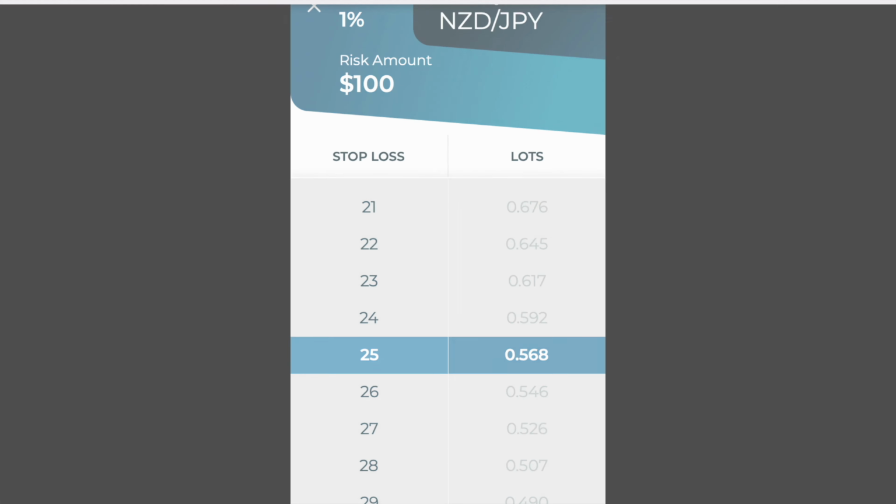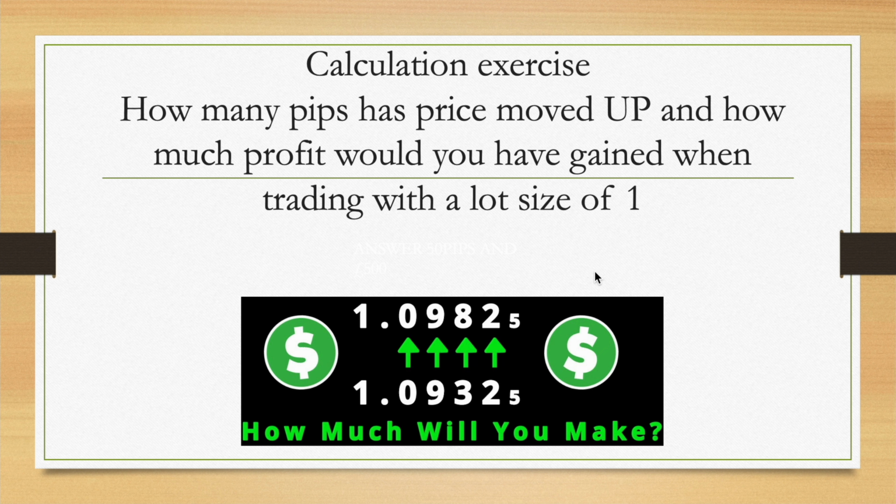Together, just to test what you've taken away from this. Judging by this 1.0932 to 1.0982, how many pips has price moved up, and how much profit would you have gained when trading with a lot size of 1? Just remember, when trading with a lot size of 1, this means £10 per pip.